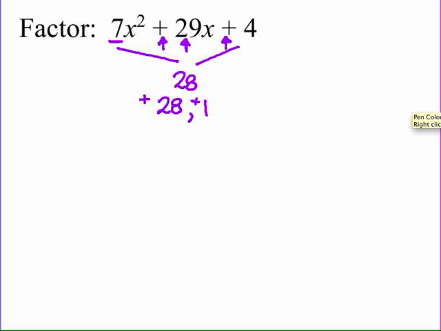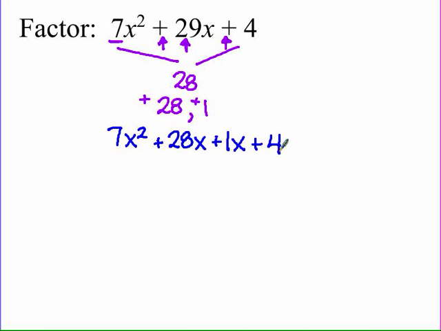Now this is where that step gets a little interesting. Are you ready? I'm going to start with 7x squared. Now I'm going to add 28x, add 1x, and then add 4.